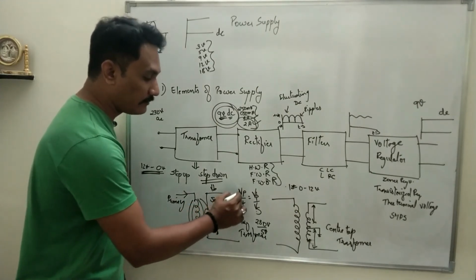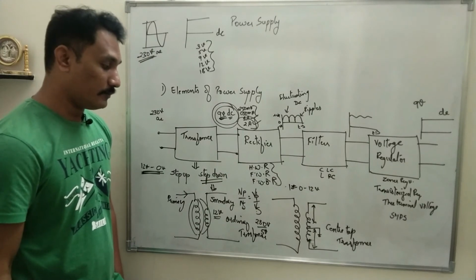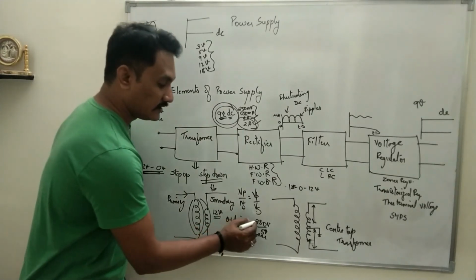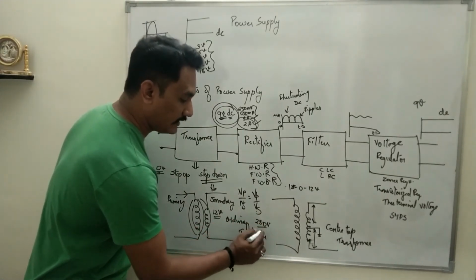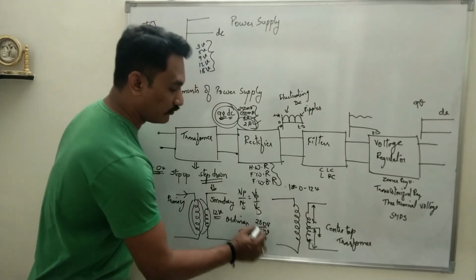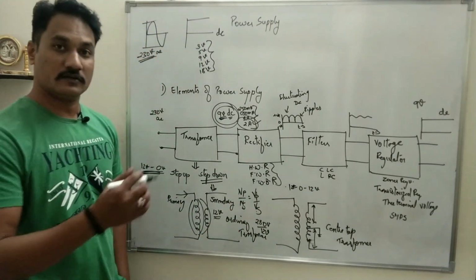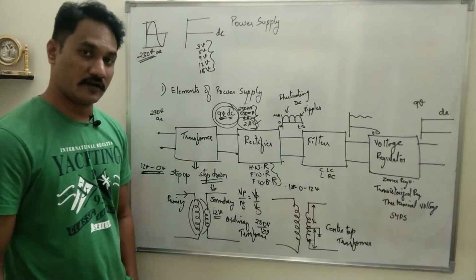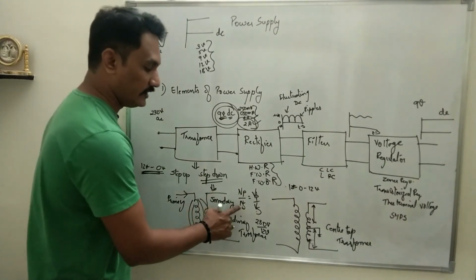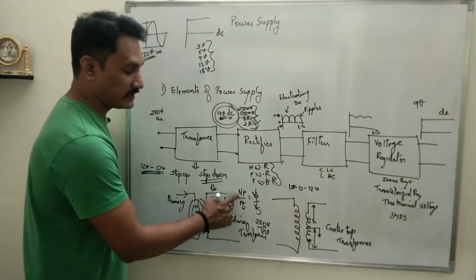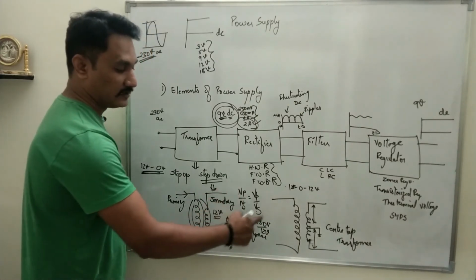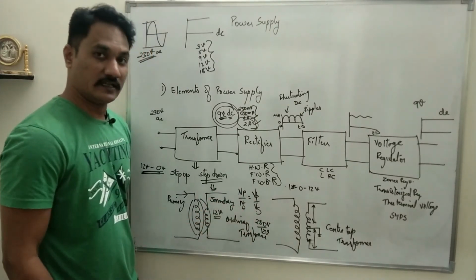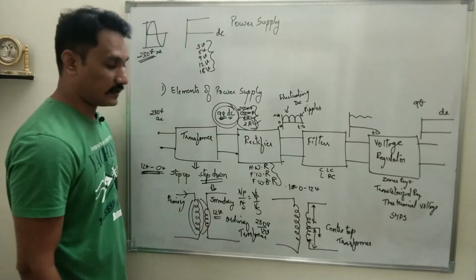So as per requirement, NP upon NS is equal to VP upon VS. If you know, say 230 volt and the output required is say 12 volt, of course you know the coil ratio, NP upon NS is number of turns in primary upon number of turns in secondary. Of course number of turns in secondary will be less as compared to primary. So by this formula we can select the ratio, and accordingly we can design the transformer.